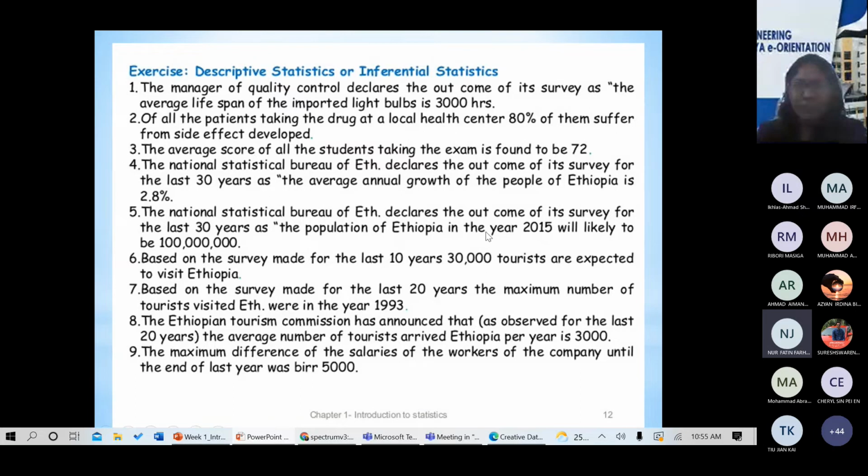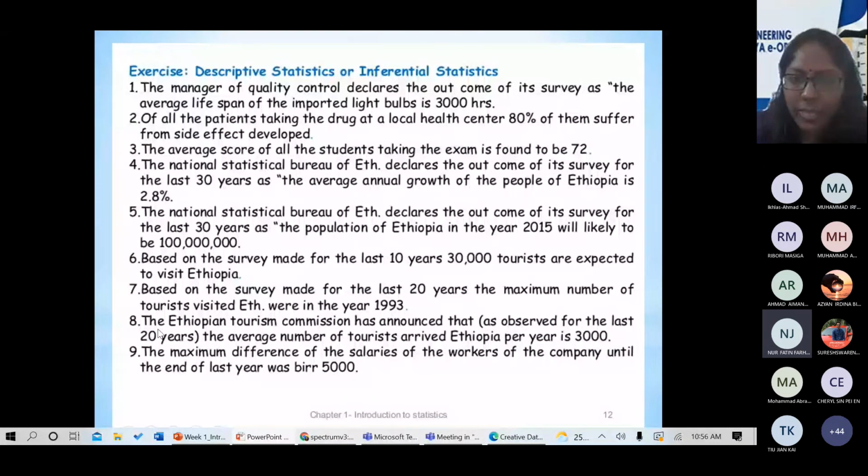Number 7. Descriptive. Yes, because in the last 20 years, the maximum number was in 1993. That's it. There's no other information for you there. Sorry, number 8. Inferential.